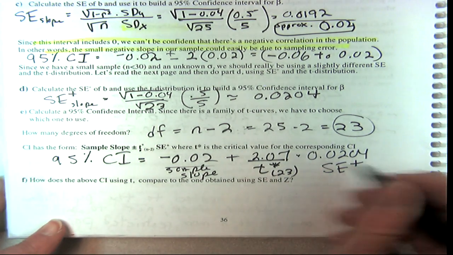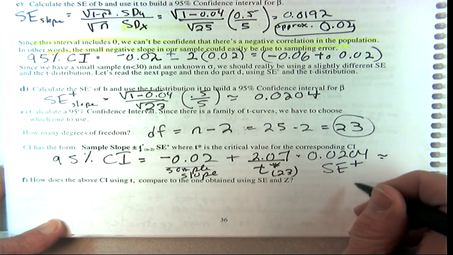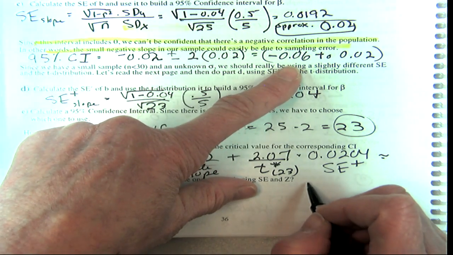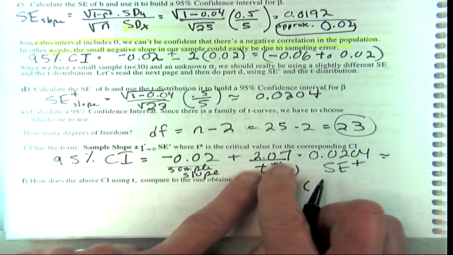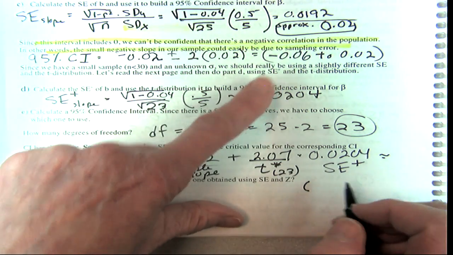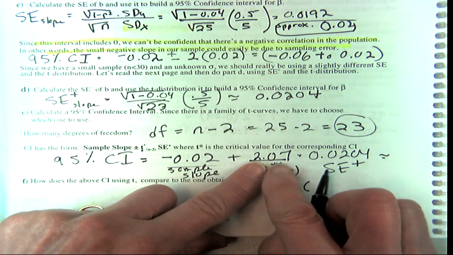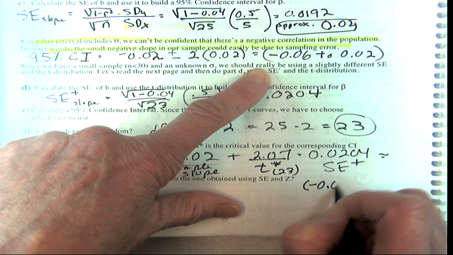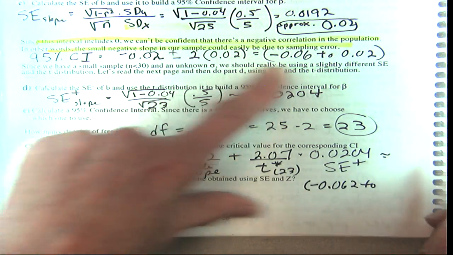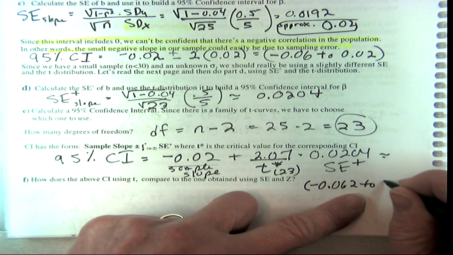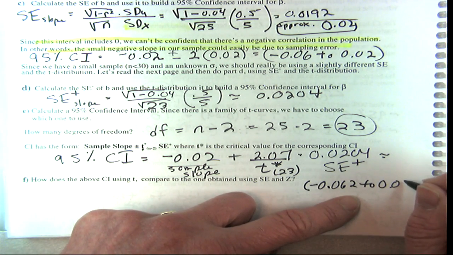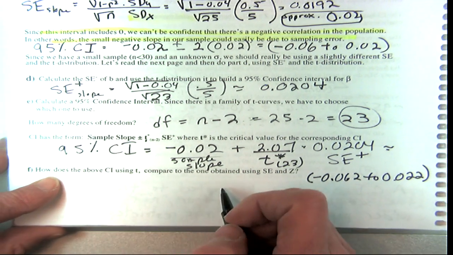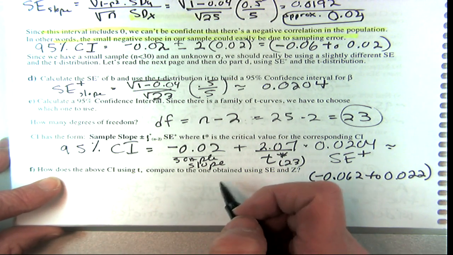And when I did all that out, I got a confidence interval that was a little bit wider, because this is bigger. I got negative 0.062 all the way up to a little bit bigger, 0.022. So, how does the above confidence interval compare?